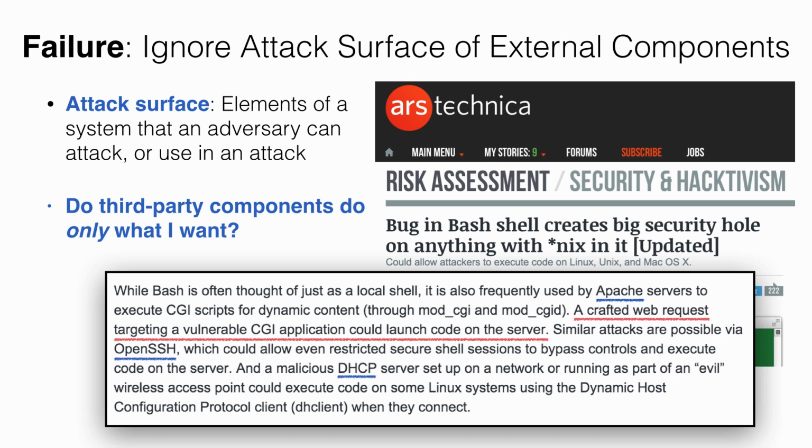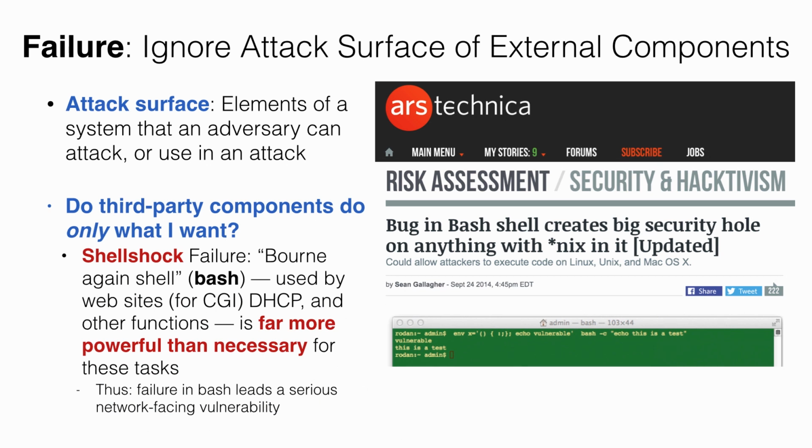It's also used by OpenSSH and DHCP servers. The failure here is that the bash shell, which is used by these sites, is far more powerful than necessary for these particular tasks. It really shouldn't have been used in the first place. As a result, a failure in bash now leads to a serious vulnerability in many network-facing servers.